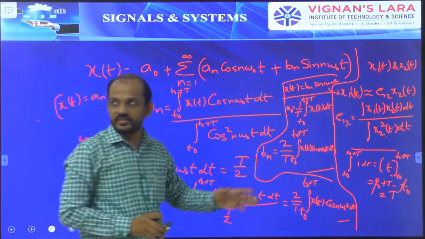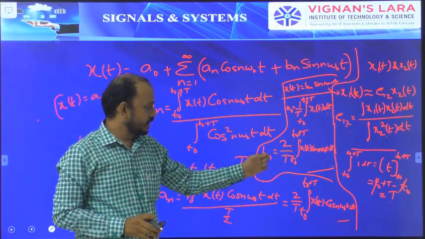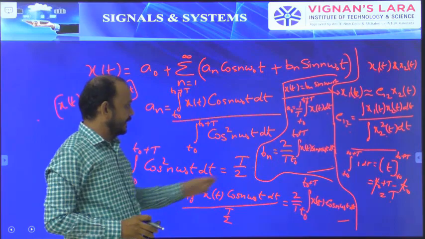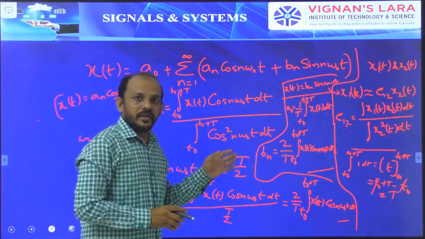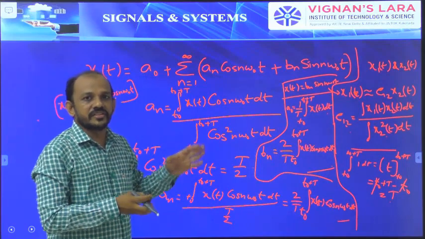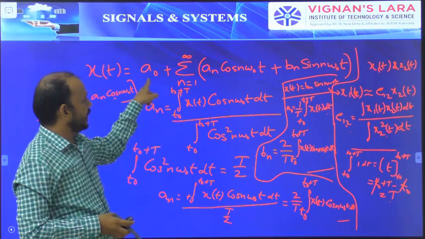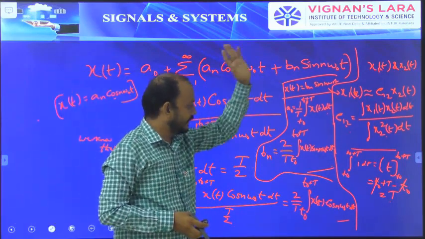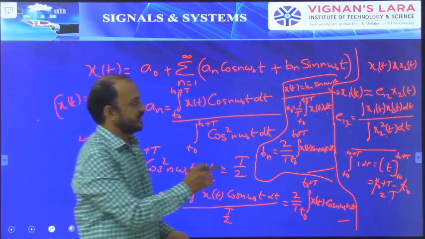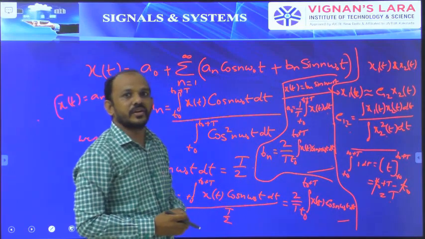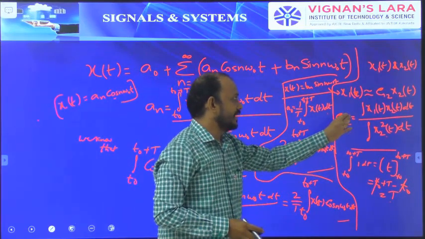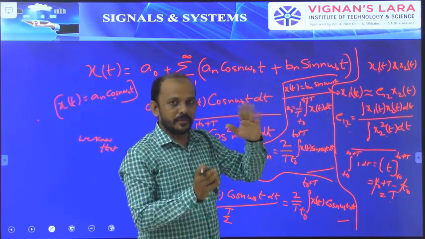So these are the values of a0, an and bn. These are the trigonometric Fourier series coefficients derivation. Here I derived the values of a0, an and bn just by using the concepts of C12, which I explained in orthogonality, when I went through the analogy between vectors and signals.